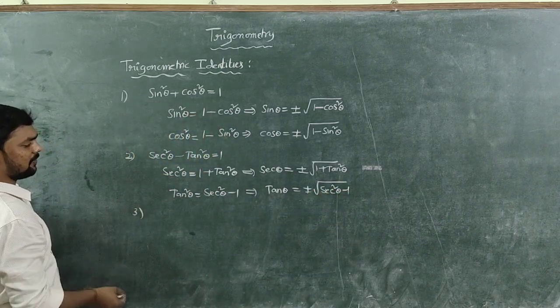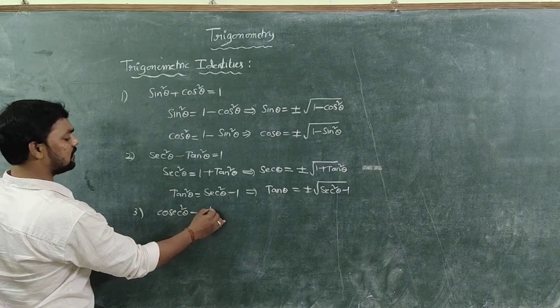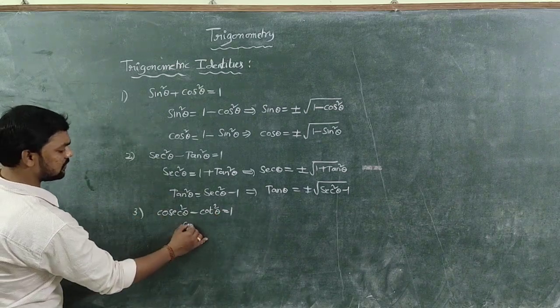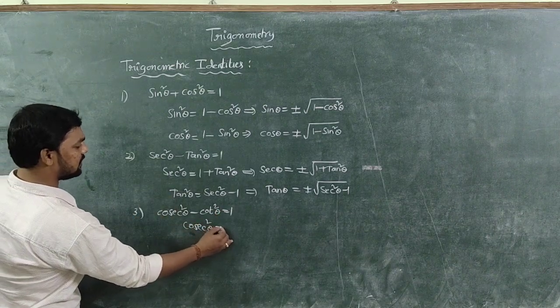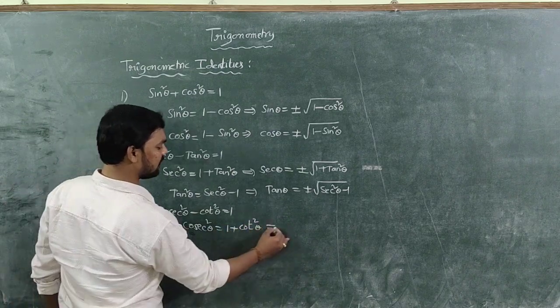The last trigonometric identity is cosec square theta minus cot square theta is equals to 1. From this, cosec square theta is equals to 1 plus cot square theta.